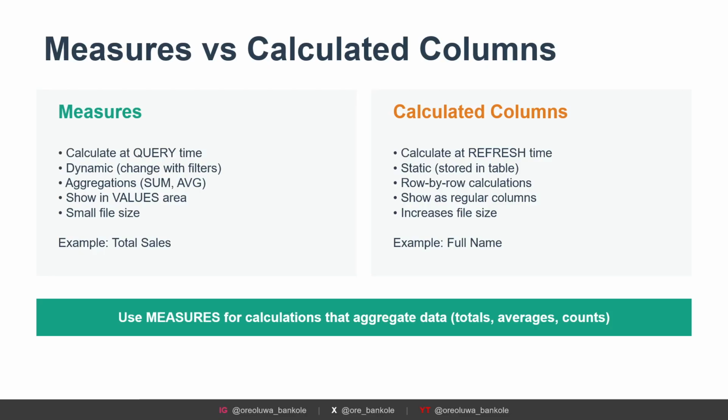So when we want to give the total of something, find the average of something, or find the count of something, that's when you think about measures. A measure is basically a DAX calculation that computes a value based on the current filter or current visual in a report.